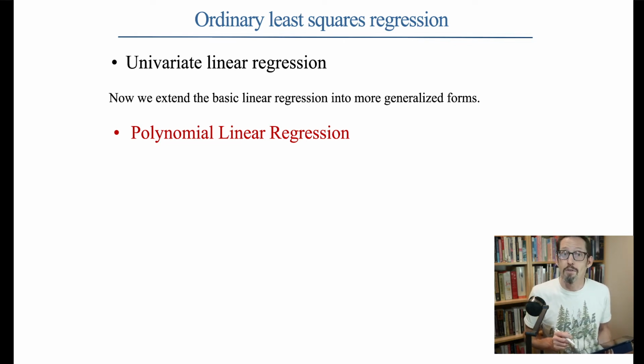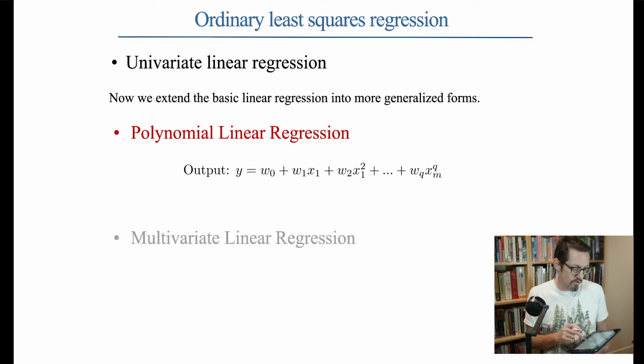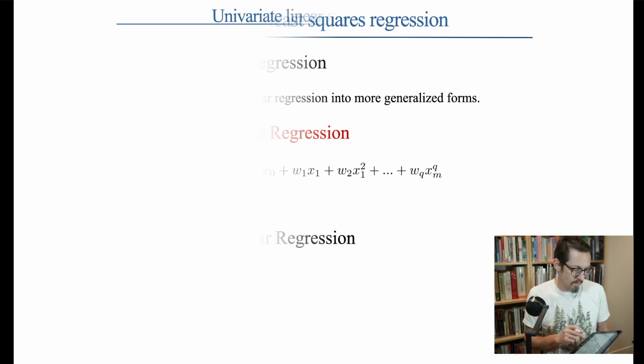The thing that has to be linear is the parameters. We don't care about whether the x's are linear. So we can fit anything of this form, where we can have squared terms in x or however many polynomial terms we want. As long as the weights are all linear, everything works just hunky-dory.